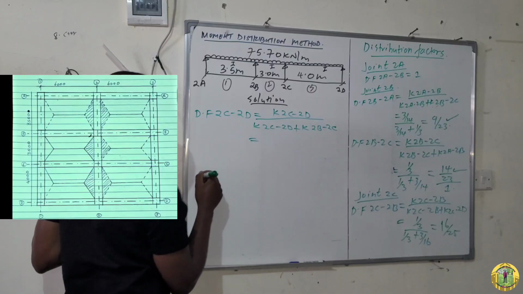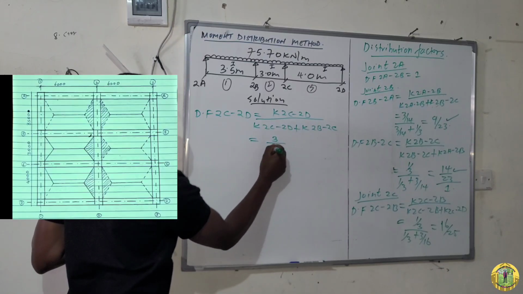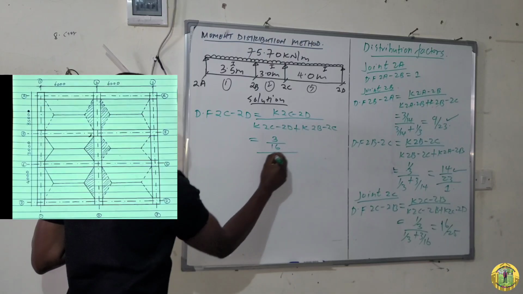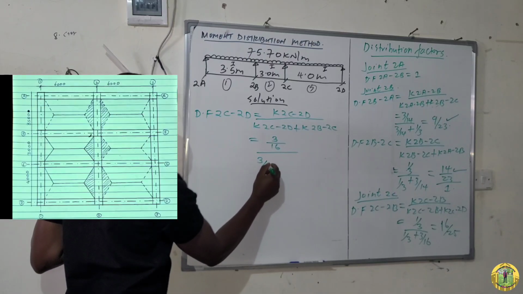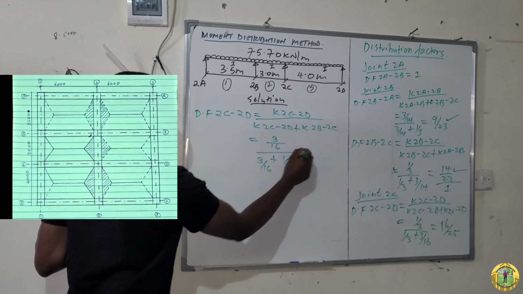So this one is equal to 3 over 16 all over 3 over 16 plus a third.